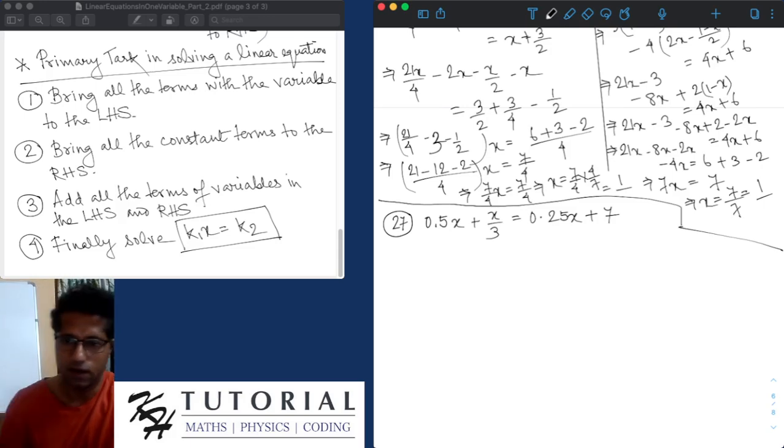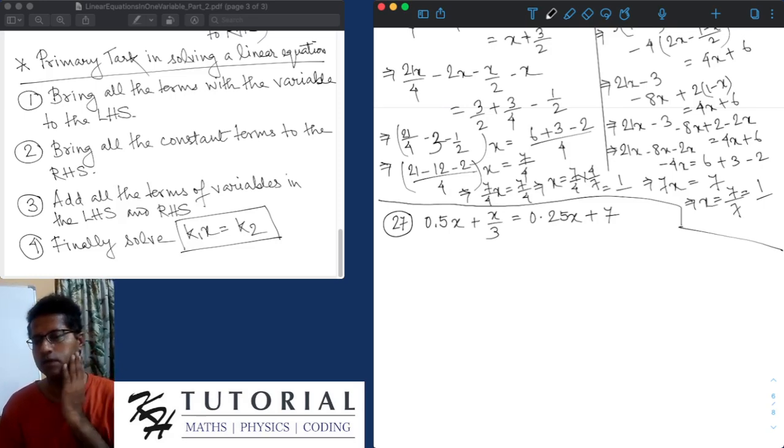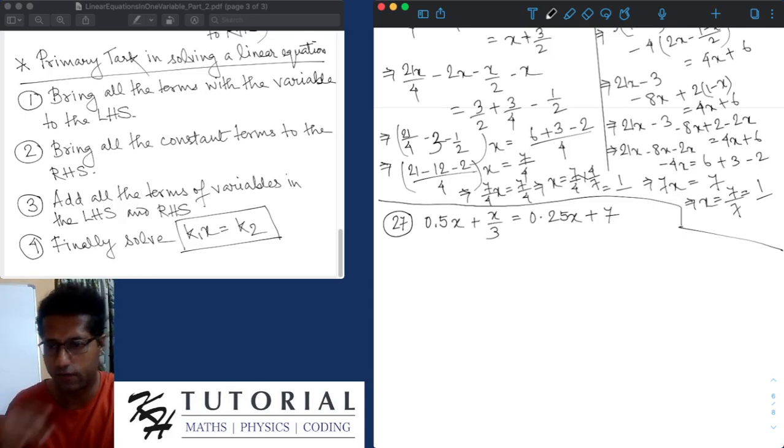So the way I will solve it is that I see 0.5x in the LHS and 0.25x in the RHS. So I will bring the 0.25x from the RHS to the LHS, and this will be 0.5x plus x by 3 minus 0.25x equals 7.